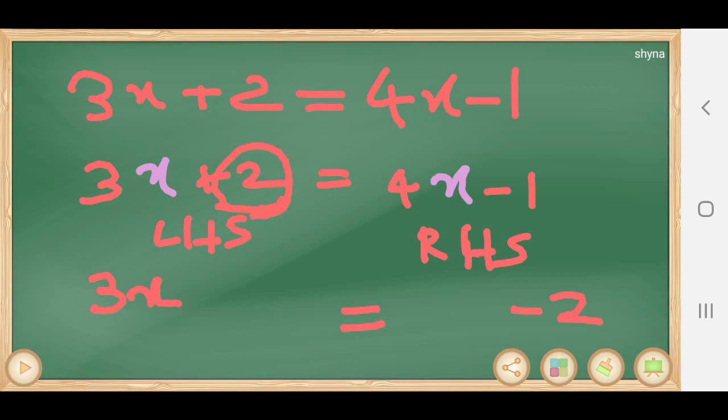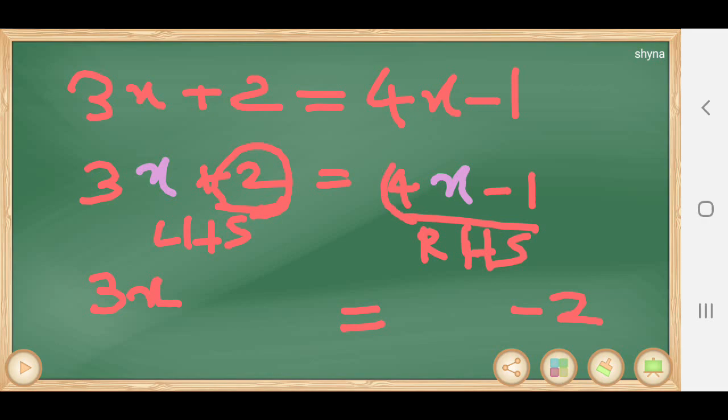Then on LHS we considered all the terms: 3x and 2, which we transposed. Then we move to RHS, which is 4x minus 1. In 4x minus 1, x is the variable, so you have to transpose that 4x to LHS, because we are considering the variable on LHS.